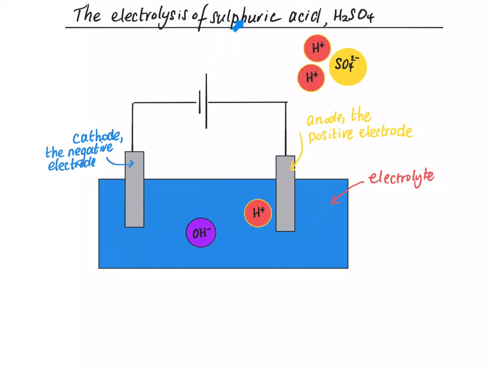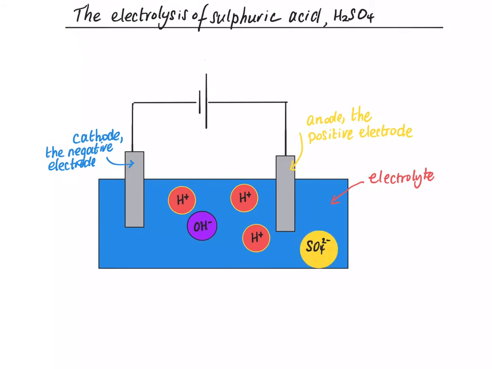In the electrolysis of sulfuric acid, the formula is H2SO4. So there are two hydrogens and one sulfate, SO4 2-. And when sulfuric acid is put into water, it splits into the two H+ and the SO4 2-.